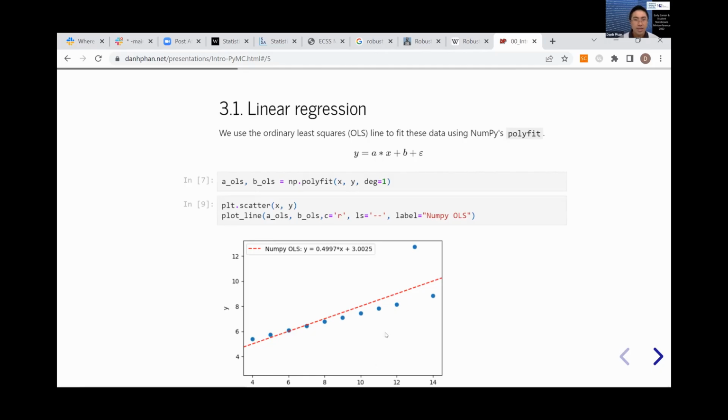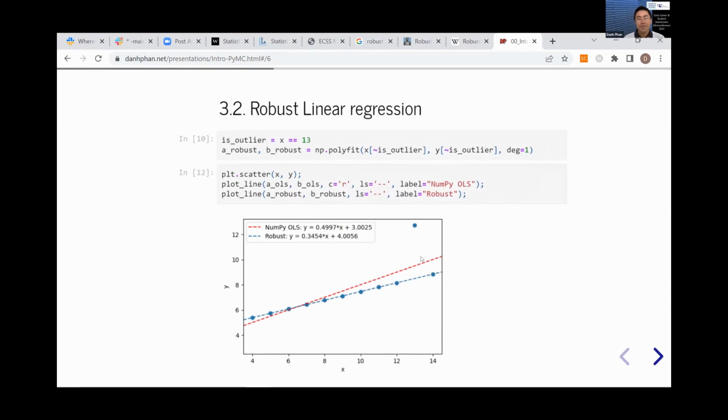If we use just polyfit in NumPy, we get a slope of around 0.5 something, and an intercept of 3 point something. You can see that this line is not perfect because it is affected by the outlier here, right?